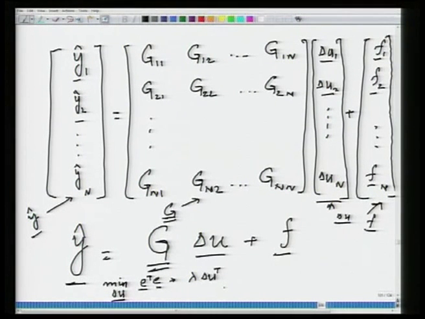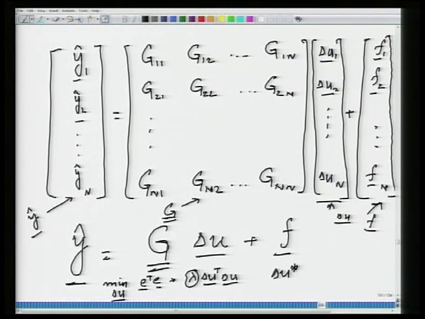By the way, here I can have different lambdas for different control inputs. There is also the issue of scaling the y's so that they get relatively the same weightage.